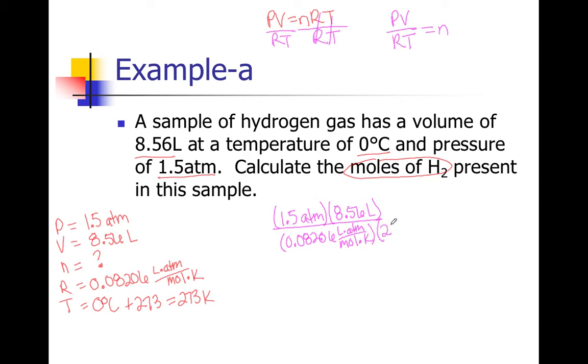And the temperature is 273 Kelvin. All this is equal to the number of moles. So we need to take 1.5 times 8.56 divided by, in parentheses, 0.08206 times 273, and close the parentheses.